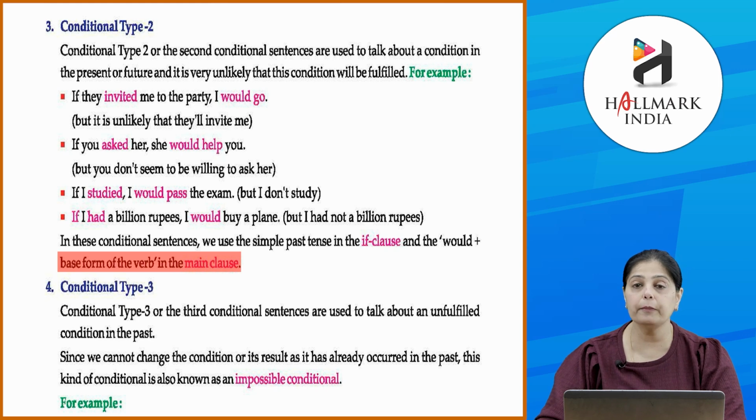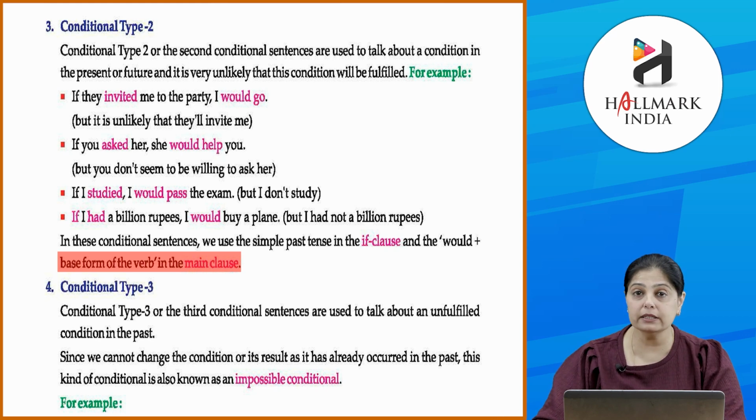Okay, तो हम लोग बोलते हैं something that was in the past, मतलब if they invited me to the party, I would go. मतलब वो चीज़ है कि हम उसको simple past tense के words को use करते हैं in the first clause and in the main clause में होता है would plus base form of the verb. Clear?